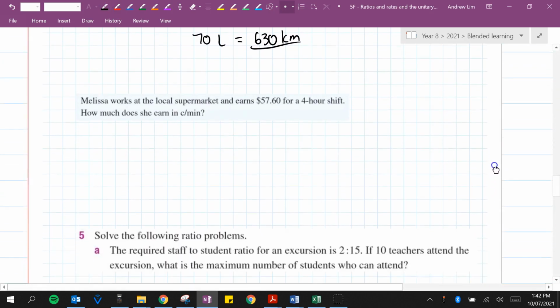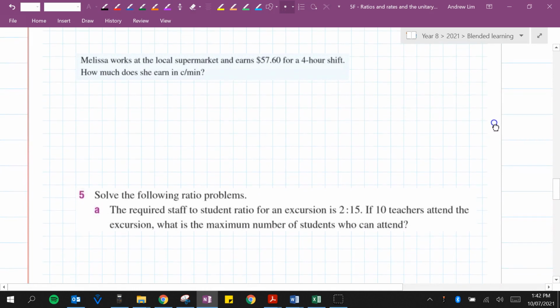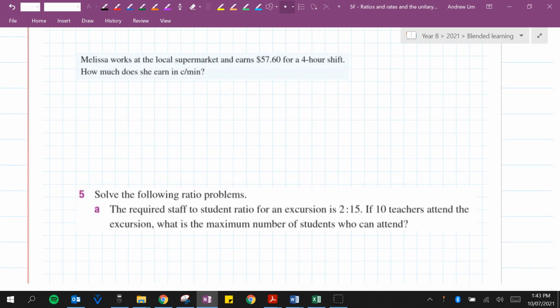Okay. Let me go through this one with you. Melissa works at the local supermarket and earns $57.60 for a 4-hour shift. How much does she earn in cents per minute? So this is $57.60 for 4 hours.